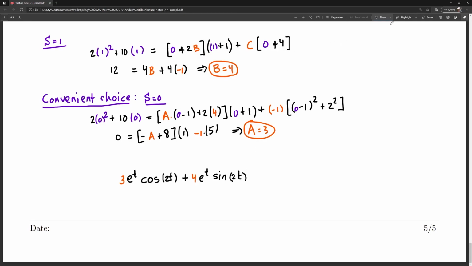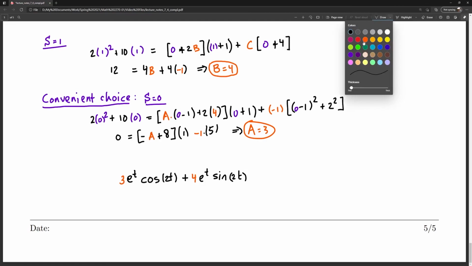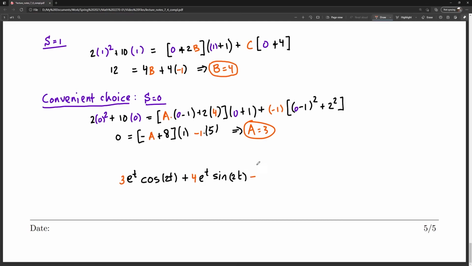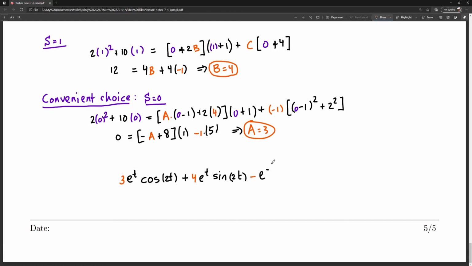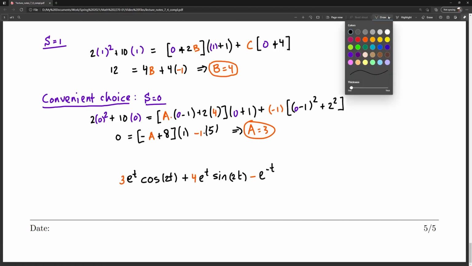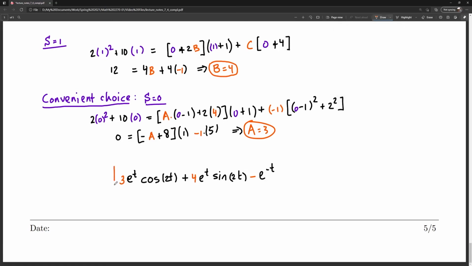And then the last one was c was -1, so we have minus, and then e to the power -t. And that is our final inverse Laplace.